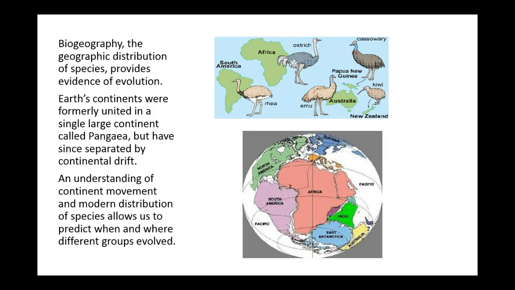So you can see where the emu, the ostrich, the kiwi, and the birds from Papua New Guinea and South America have very common characteristics, but also evolved to adapt to their very different environments. This would be biogeography, and how it supports the idea of evolution.